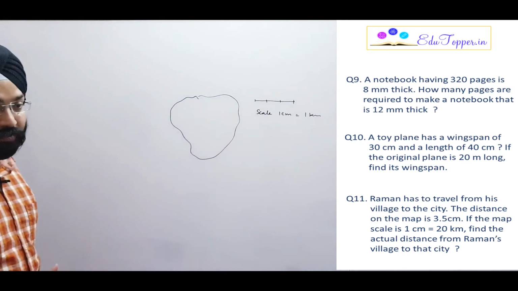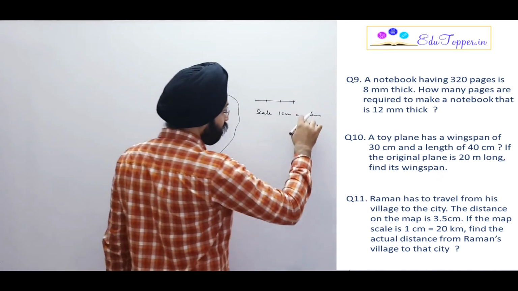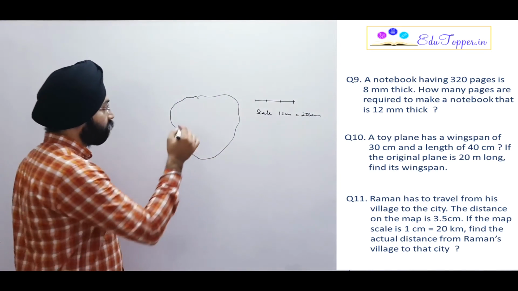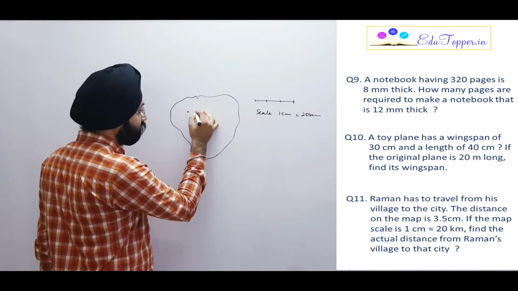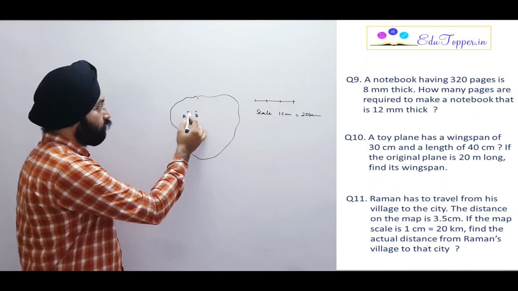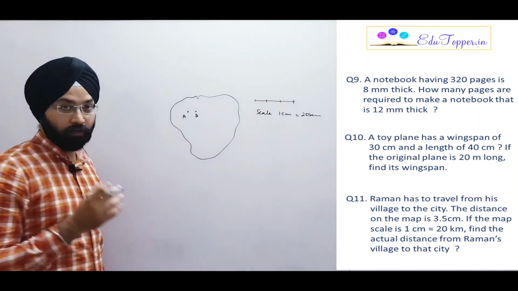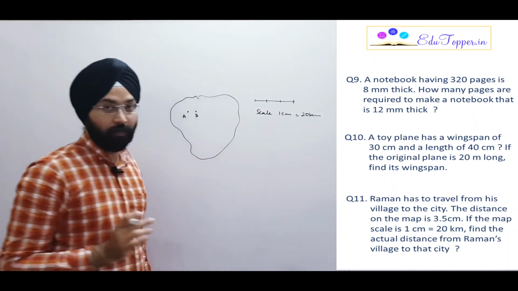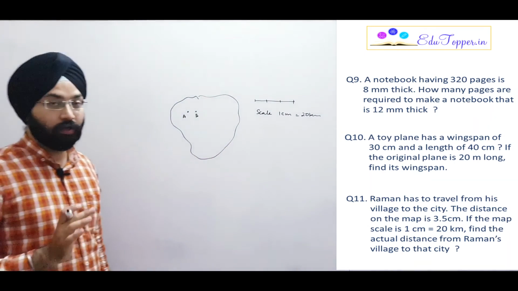So according to the question, the scale of the map is 1 centimeter is 20 kilometers, which means suppose this point and this point, this is city A, this is city B, if they are 1 centimeter apart on the map, actually they are 20 kilometers apart. This is the meaning of the question.